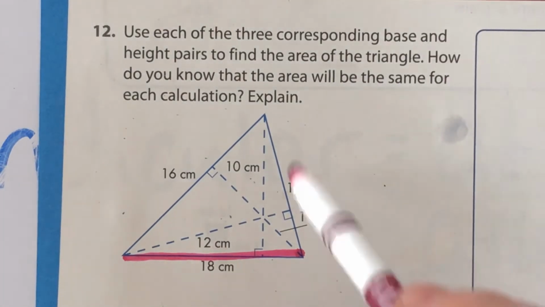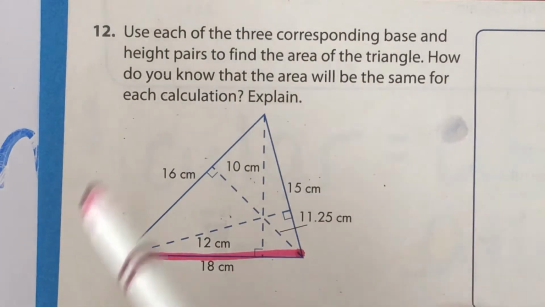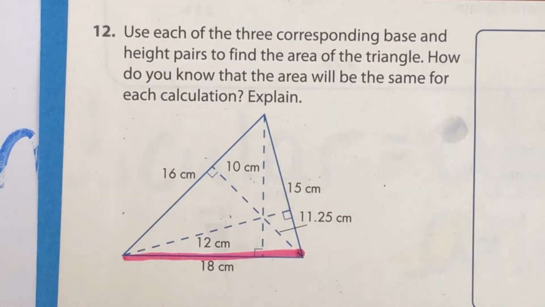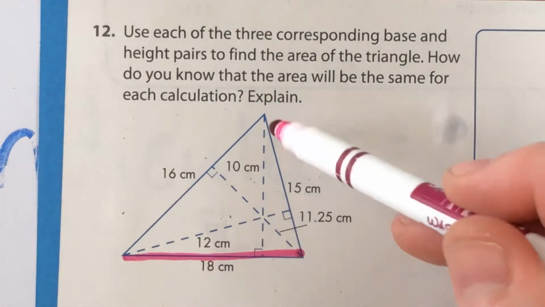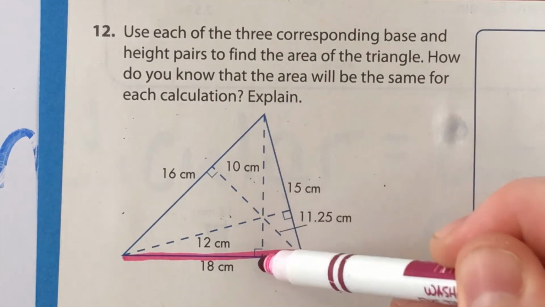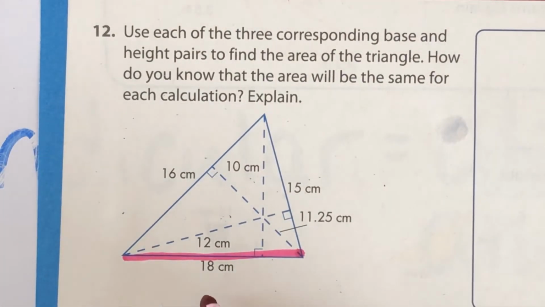All right, so looking at this triangle, what is the corresponding height that goes with 18? Okay, there's 3 heights that we're given. We're given this height of 11 and 25/100 centimeters. We're given this height of 12 centimeters, and then we're given this height of 10 centimeters. Which height goes with 18 centimeters as the base?